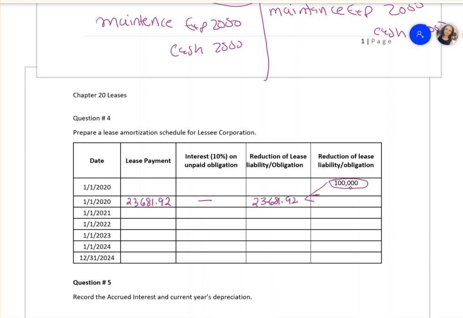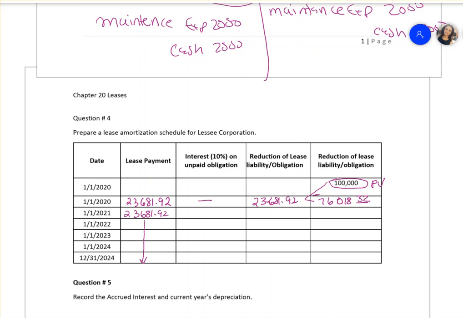This was what we started off with, the present value of all the payments. Now we're making the payments. We made the first payment, so your balance now is $76,018.32.